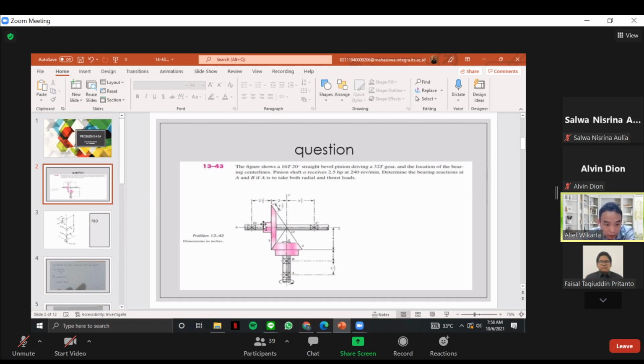So from your slide, we already know how to determine the value. We also need to determine the force direction. So could you explain to us what is the direction of each force in gear 2?